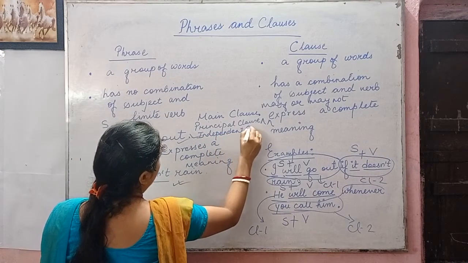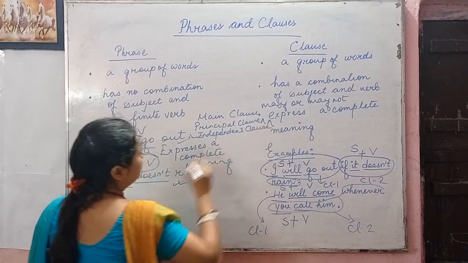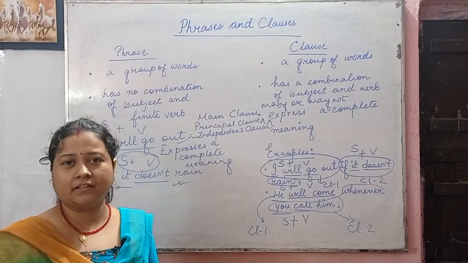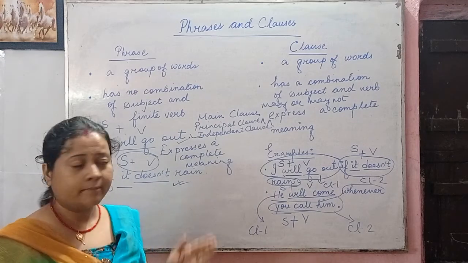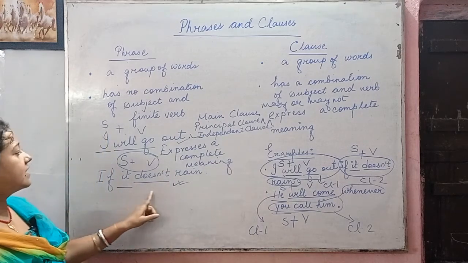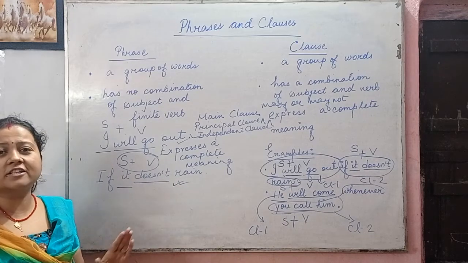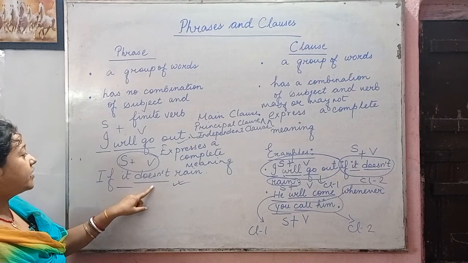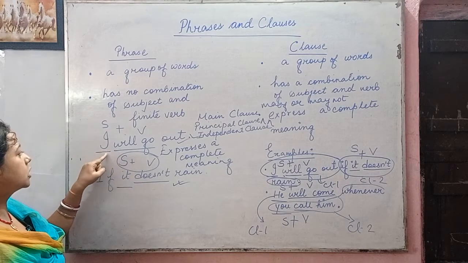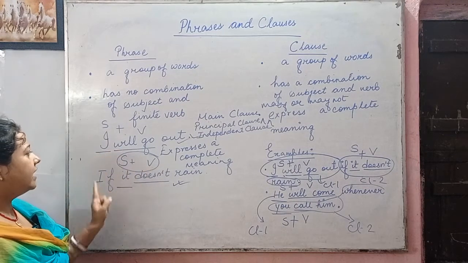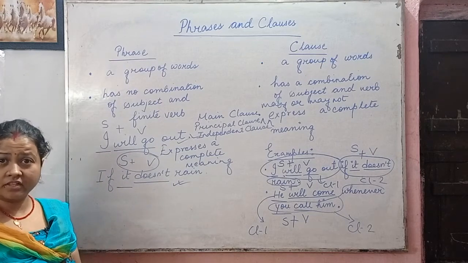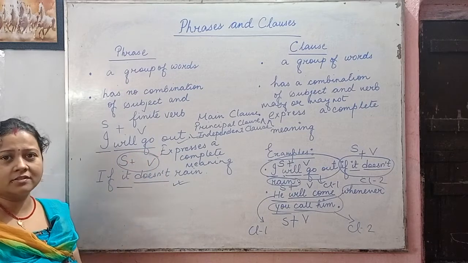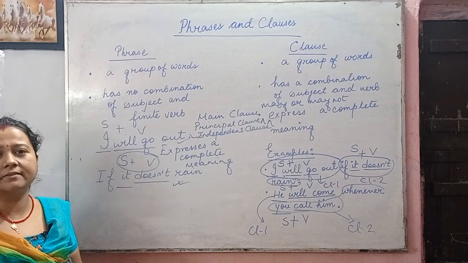Why independent clause, children? Because it is able to express a meaning independently. But see children, if it doesn't rain, it is not expressing a complete meaning. But when I am reading this clause along with the first clause, I will go out if it doesn't rain, it is expressing a complete meaning.